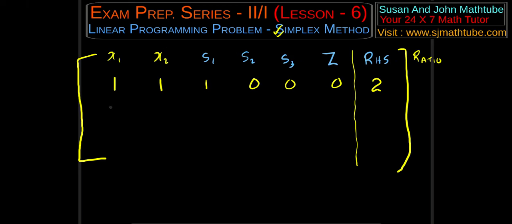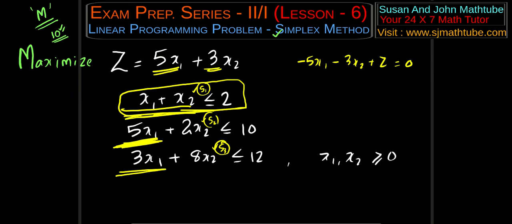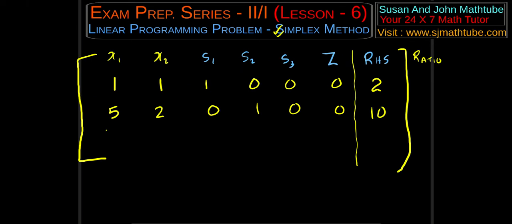So 5, 2, 0, 1, 0, 0 of course. And what is the right side? 10. And then the last one, that is 3 and 8, 0, 0, 1, 0. What was that right side? I think it is 12.